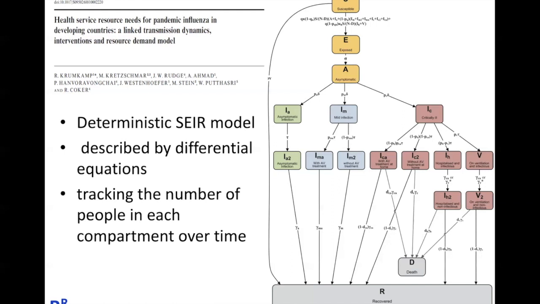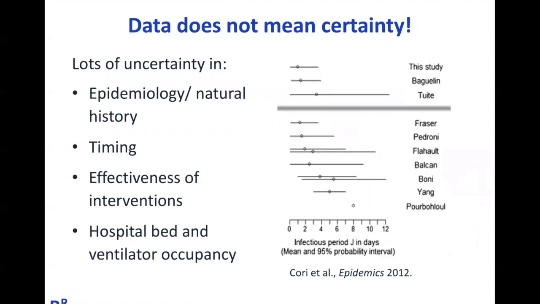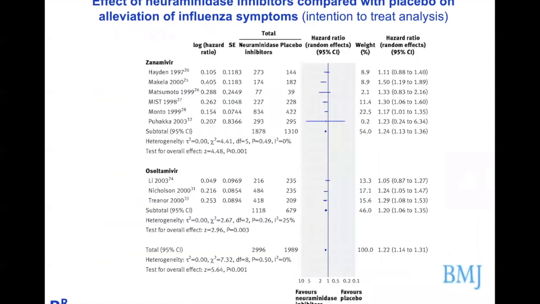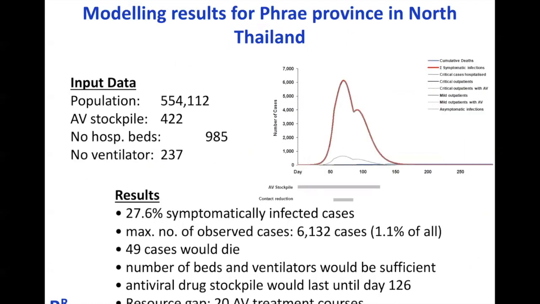Let me just give you a model example. This model is programmed to, we looked at that. And let me just, okay, some of the results, just as a simple example here. We could use this model to look at, for example, the advantage was it looked at lots of provinces and countries.